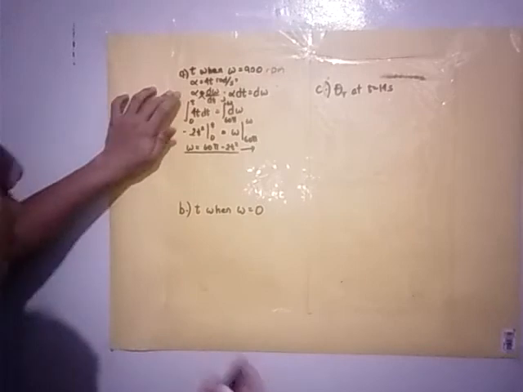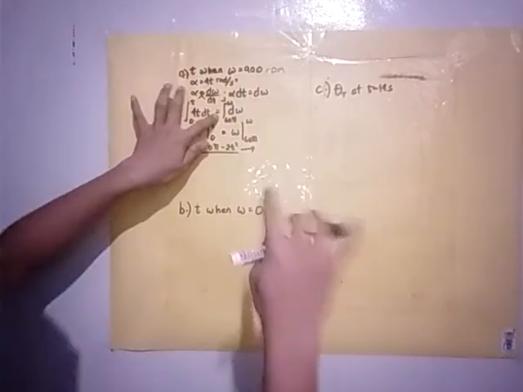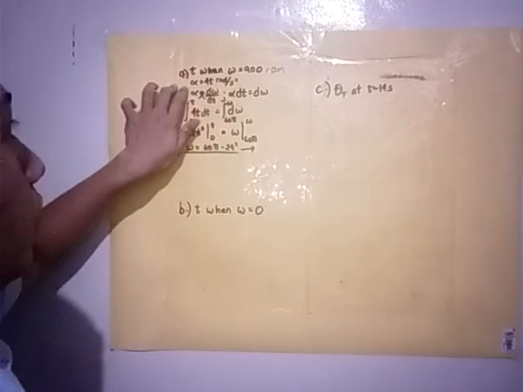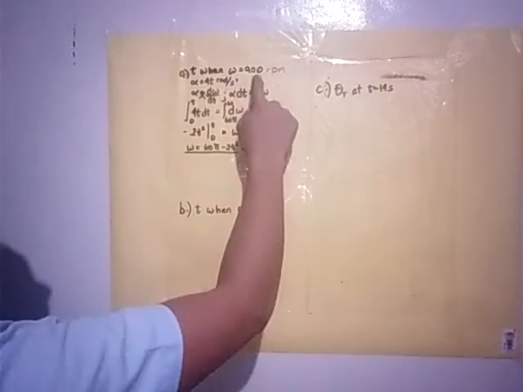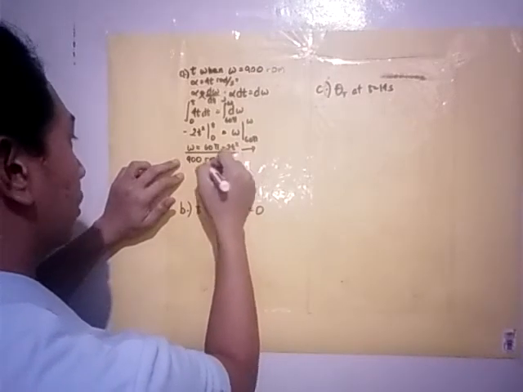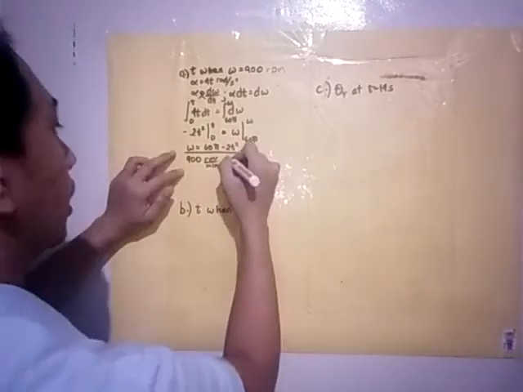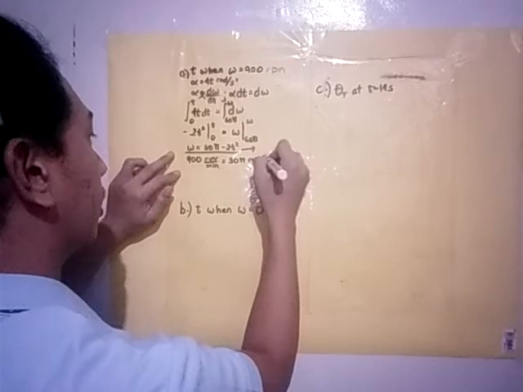As I said earlier, our 1,800 is converted to radian per second because the unit of our alpha, the 40, is rad per second square. So, we do the same for 900 RPM. So, our 900 revolution per minute is equal to 35 rad per second.